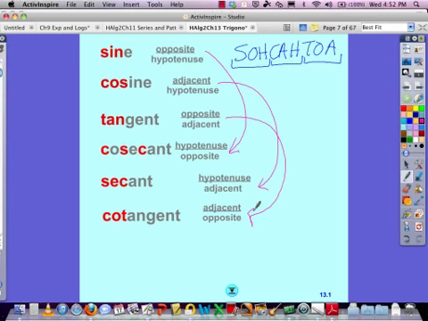Probably a good piece of mathematical history would be to look up how come they didn't do it sine and then cosine as its inverse: tangent and cotangent they did, secant and cosecant they didn't. But sine, cosine, and tangent are your first three, and then the other ones remaining, cosecant, secant, cotangent, are the reciprocals of your first three you learned. So sine is the reciprocal of cosecant, cosine is the reciprocal of secant, and tangent is the reciprocal of cotangent. Okay.